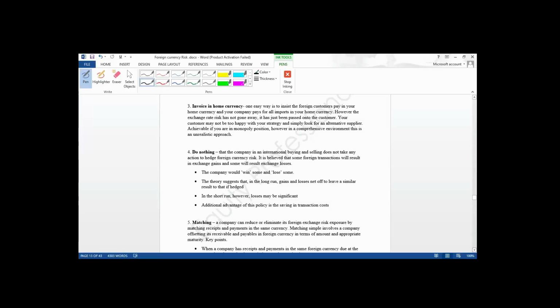At the end of the period, the exchange gain will be used to cancel out the exchange loss. Hence, there is no point hedging.